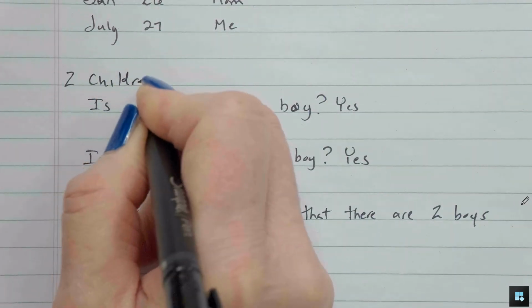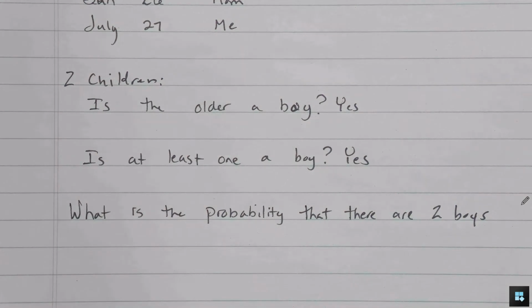Now, when I gave birth to my children, you didn't get an ultrasound to find out if it was a boy or a girl, unless there was something wrong. So when you gave birth, it was really exciting to find out if you had a boy or a girl. In fact, you had a lot of yellow and green clothing given to you because of that. Okay. So when I went to the hospital to give birth to my children, what was the chance that my child was going to be a boy? 1/2. Yeah, 1/2, 50%.